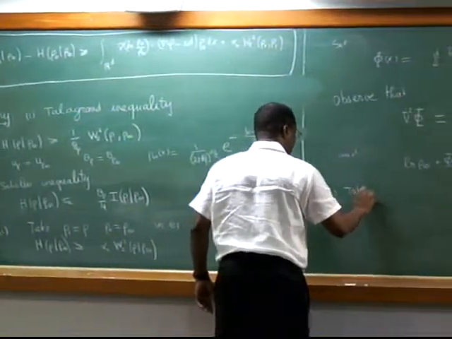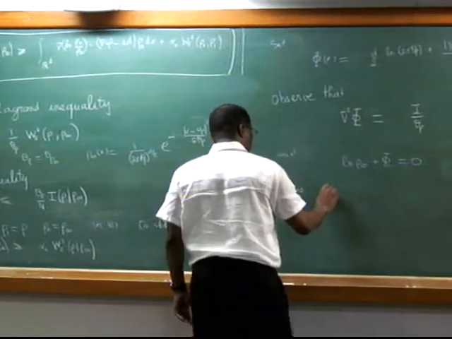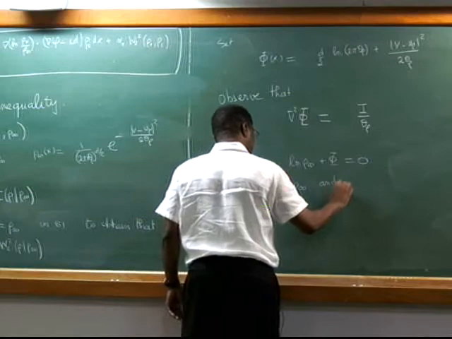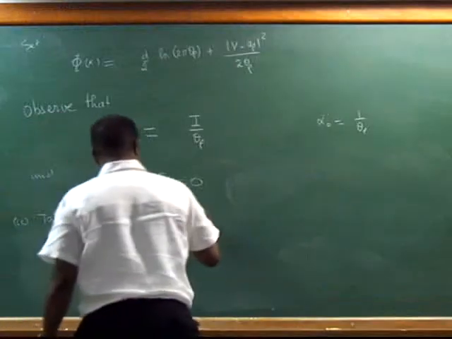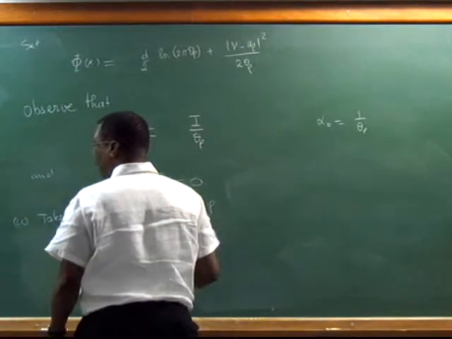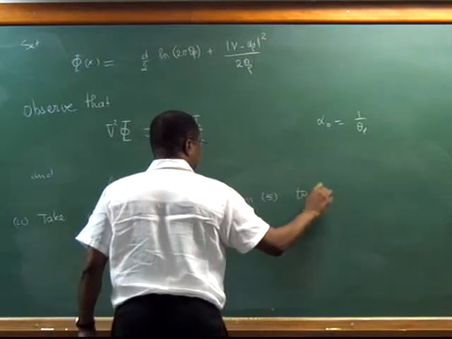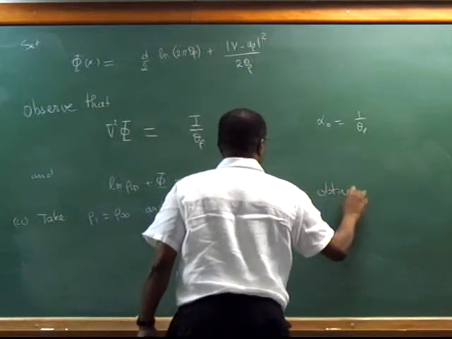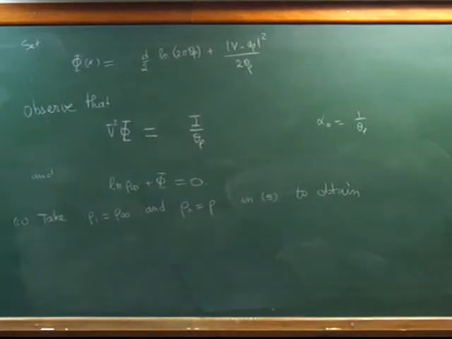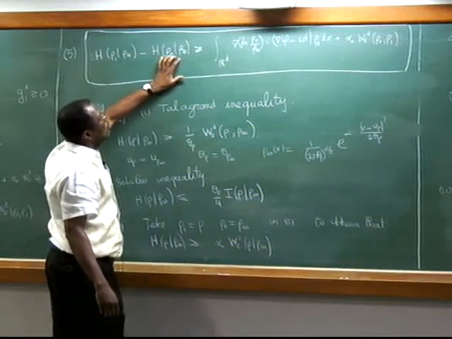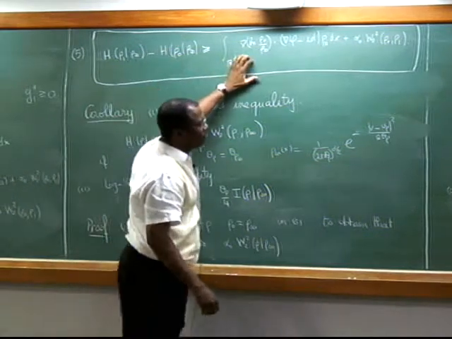Take rho 1 equal to rho infinity and rho naught equal to rho, to obtain this. This is going to disappear. This is going to be 0. And I'll have that with a negative sign. So I am going to move it here.